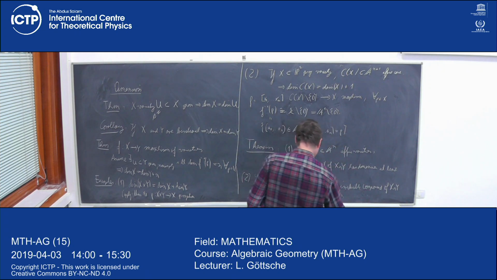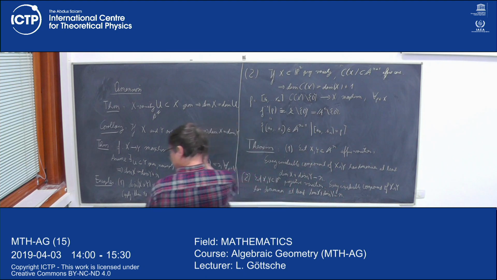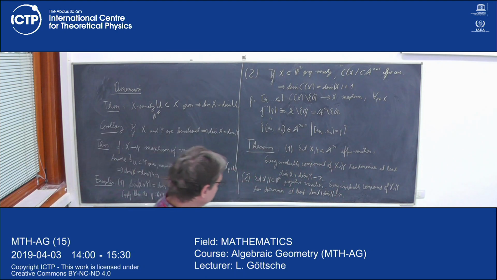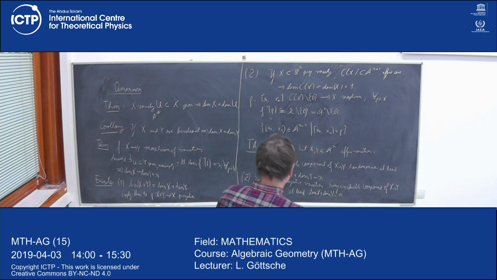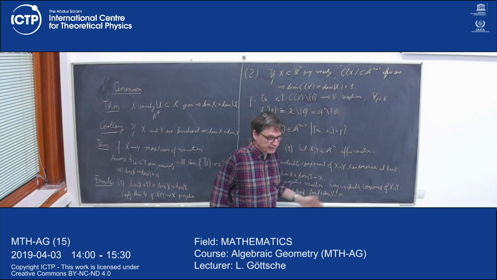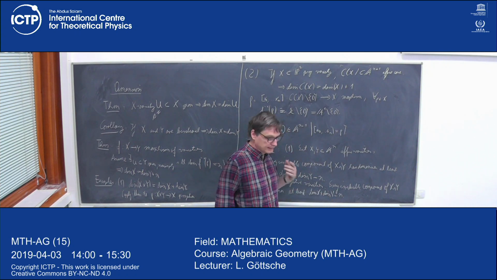This is precisely the same statement as in the affine case, but there's more. Namely, if this number here is not negative, then the intersection will be non-empty.